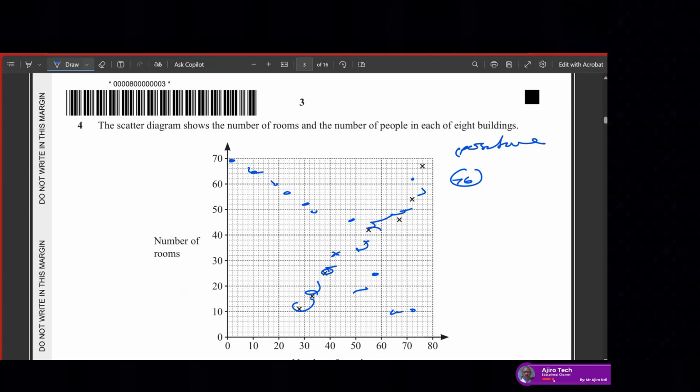Do you get that? Then if you can't tell whether it is positive or negative, that means it is no correlation. So maybe it is looking like this. You can't tell whether it's going up or coming down. It is no correlation. Do you understand that?